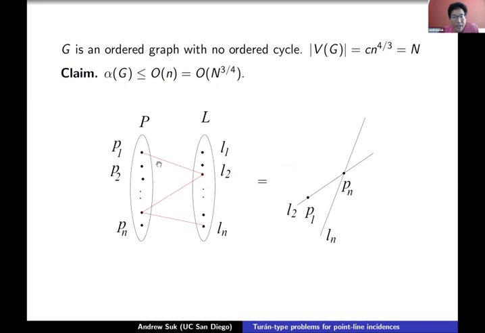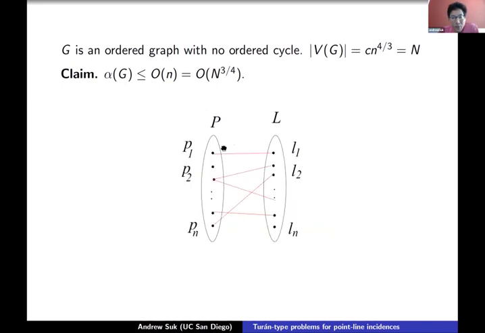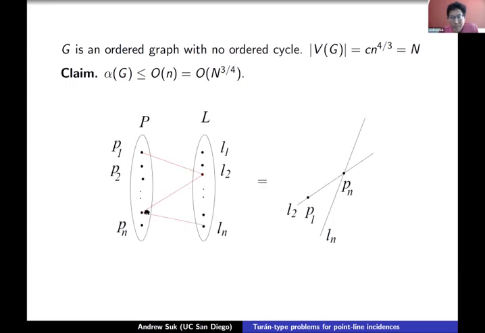And so how many red edges could you have between these endpoints and these end lines if you don't have a Z pattern, this path of length 3? So you can easily show this by induction that there's going to be a vertex of bounded degree. And so in particular, you can easily show that the number of such red edges would be linear in the number of vertices here, which would be little n.